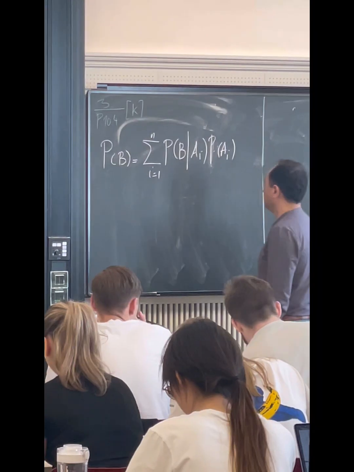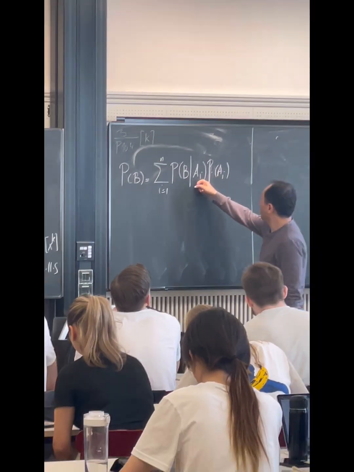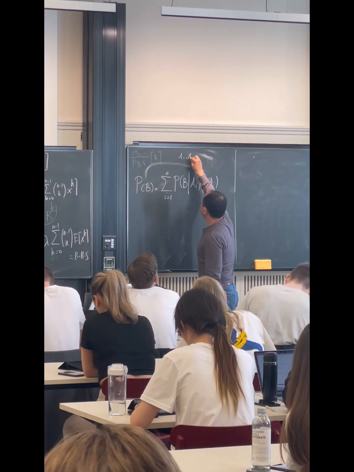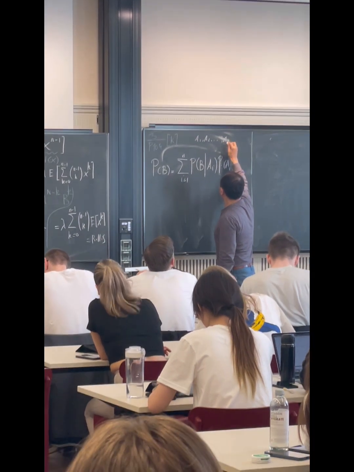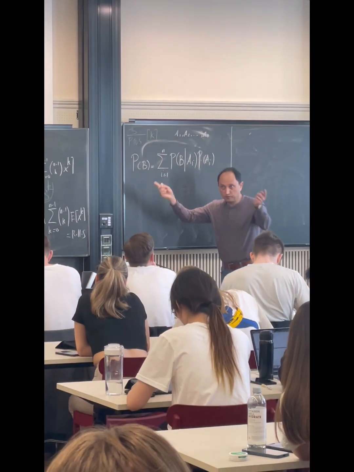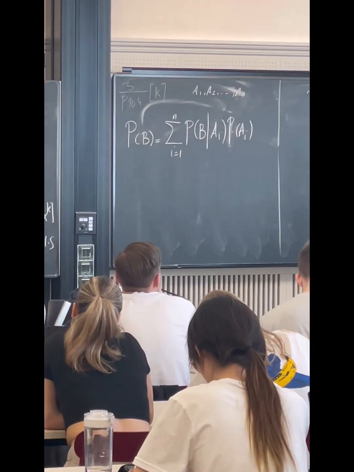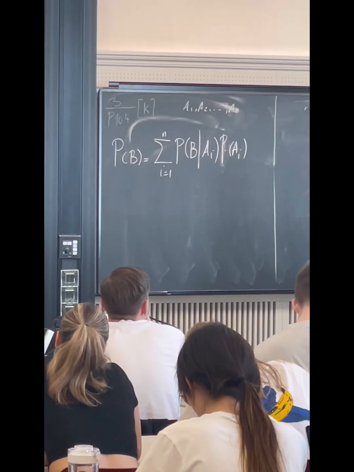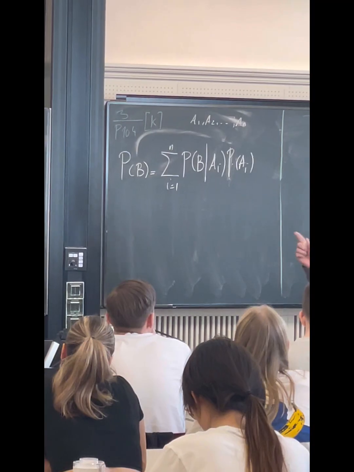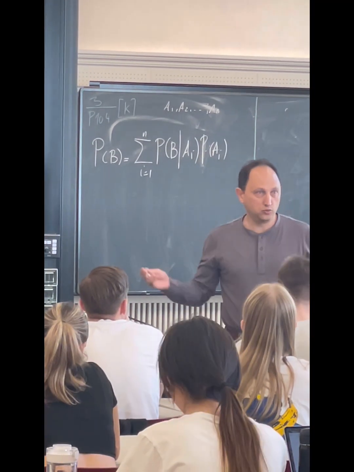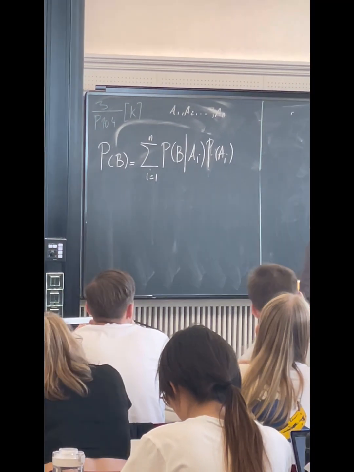Okay, so let me tell you what this is. A_1, A_2, up to A_N form a partition for the sample space omega. What is the meaning of partition? None of them is empty. There is no overlap between any pair of them. And the union of all of them is the omega.